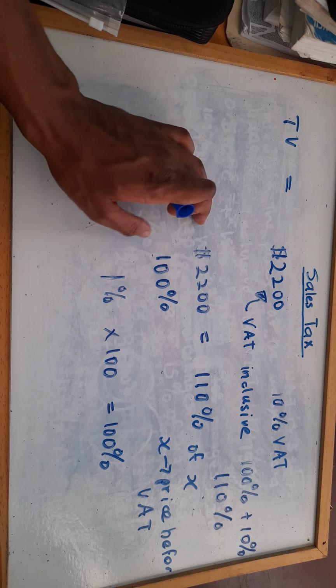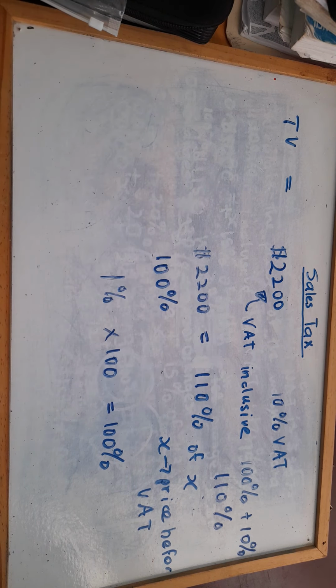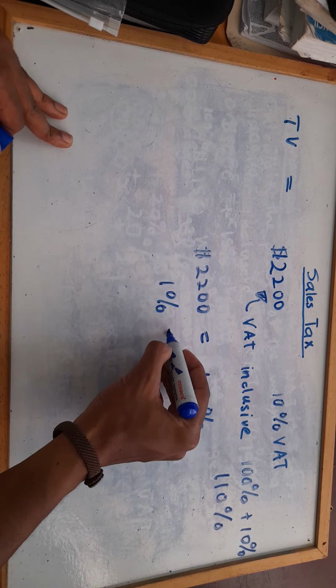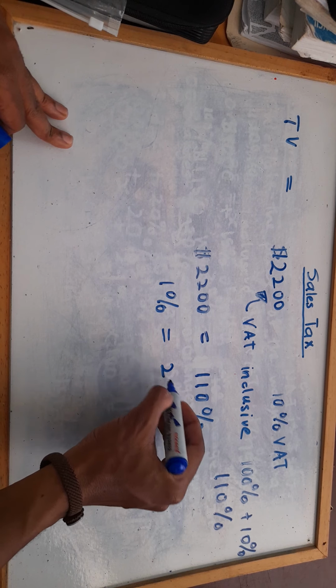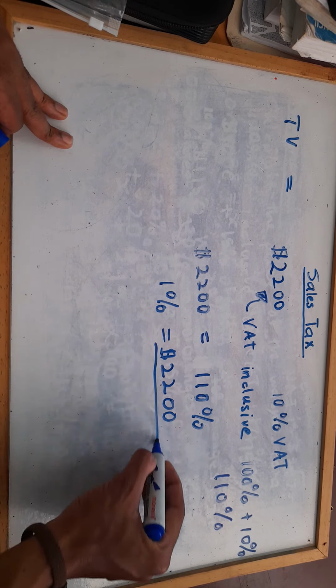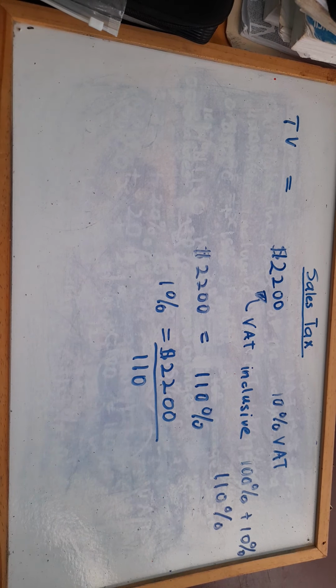Now, we'll use this to calculate our 1%. So we say 1% is equal to $2,200 divided by 110. I don't know if you follow there.